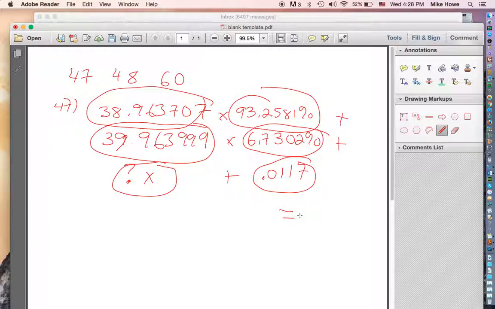Altogether, that equals the actual atomic mass for potassium.